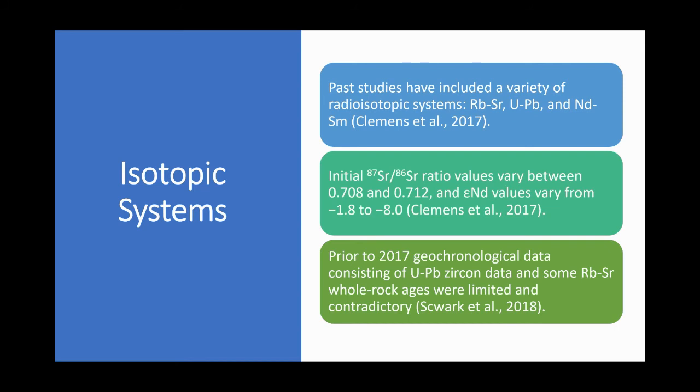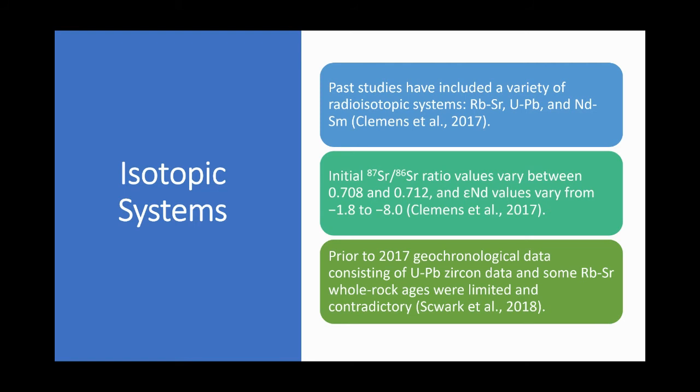Now, past studies have been done on the batholith, and they've included a variety of radioisotopic systems, such as the rubidium strontium system, the uranium lead system, and the samarium neodymium system.